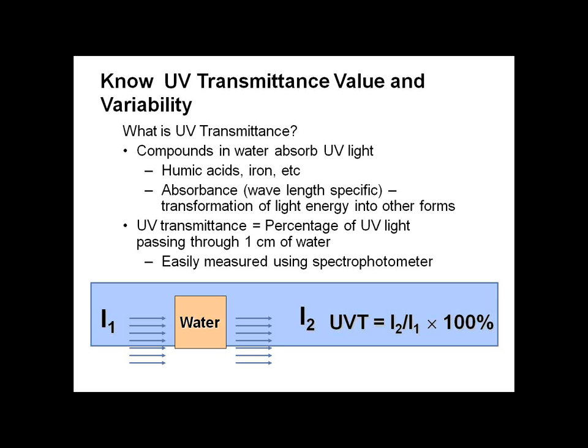Just recognize that there are other path lengths. 1 centimeter is generally the standard, but there are others that people use, so you need to know that so you can convert back to that point. It's usually measured using a spectrophotometer or sometimes what we call a single band photometer, so you can measure UV transmittance quite rapidly and gain an understanding of that parameter.